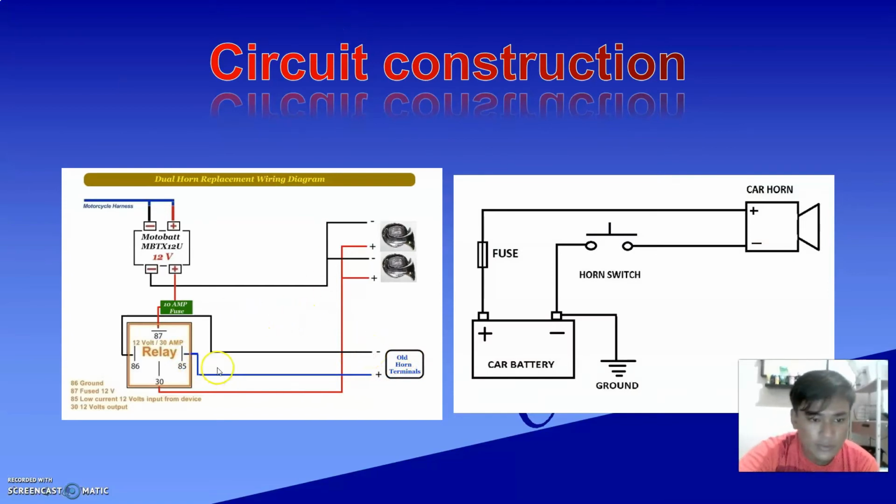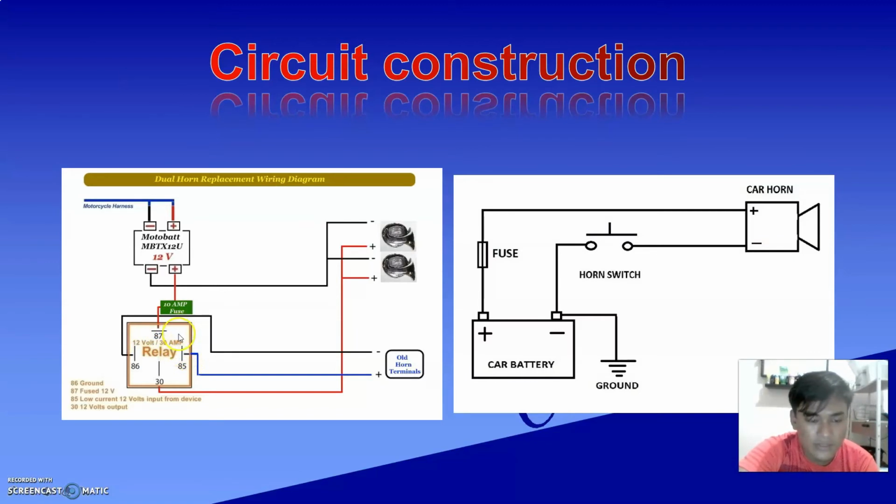Alright, so whenever we want to use the horn, we need to press the horn. So when we press the horn, the switch will close, and when it closes, the current will flow. So starting from the battery, the current will flow through this terminal, and then the current will be stuck here waiting for the switch to close.